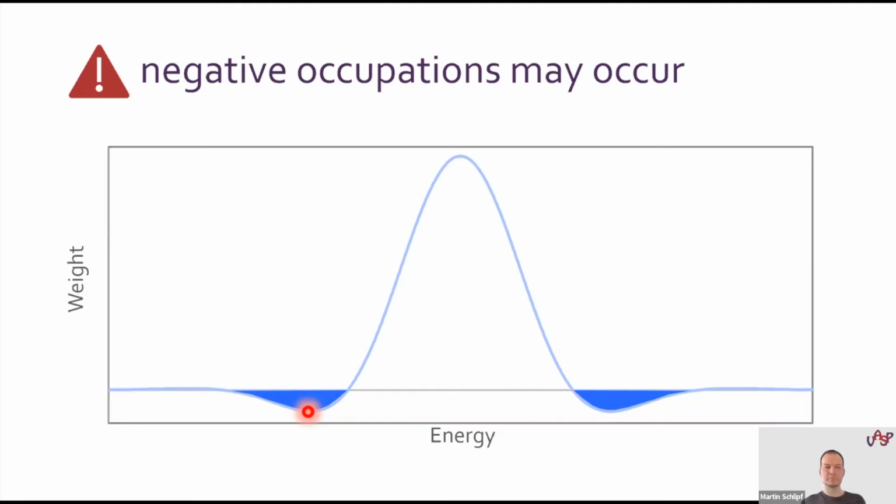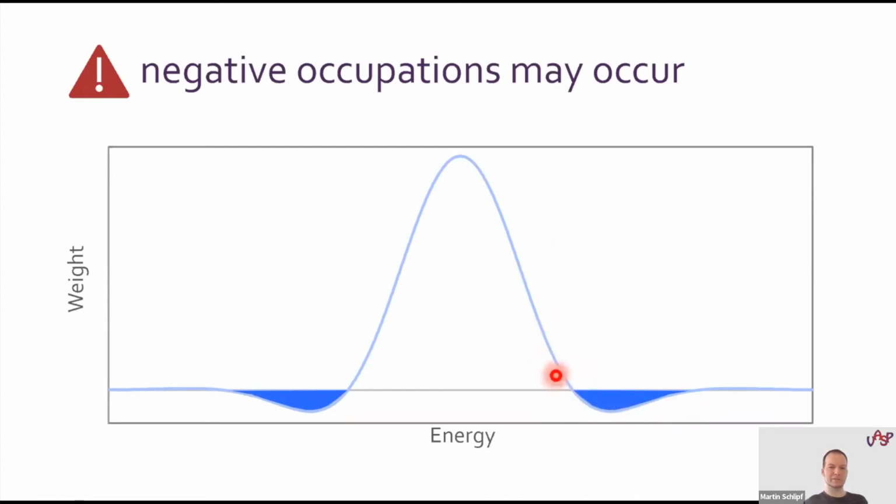But for metals, this doesn't matter, because you have a continuous band across the Fermi energy. So the states that are negatively occupied are very similar to the ones that will be occupied here, and the density you get by this approach is not really affected, because the states have very similar densities.